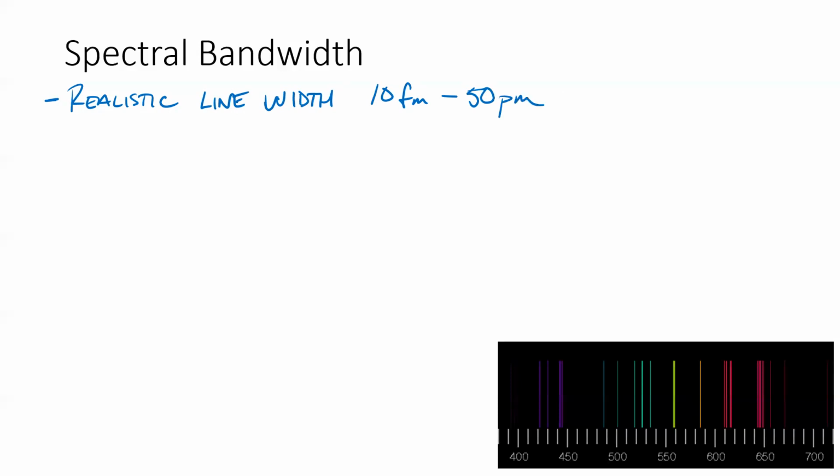Right? So again, if we're talking about a nanometer, or here we've got sort of 500 nanometers-ish wavelength of light, a bandwidth of 50 picometers even is still pretty narrow, right?